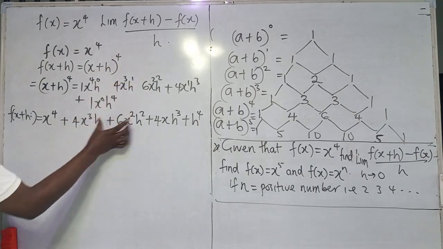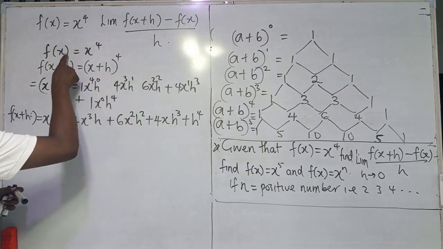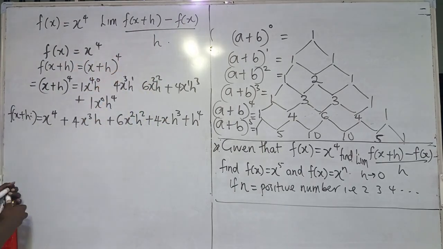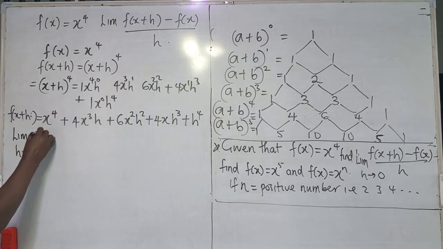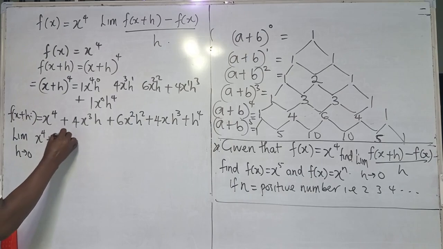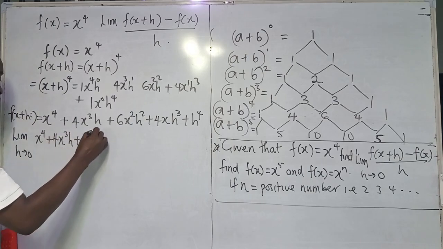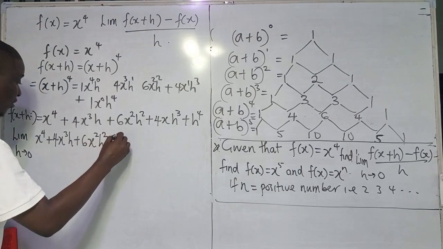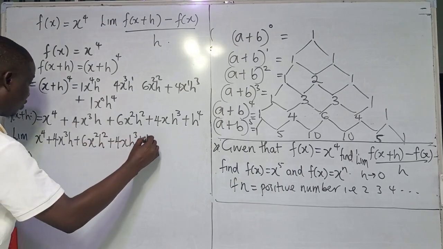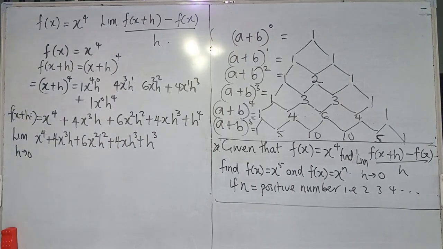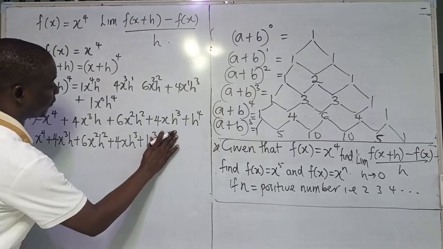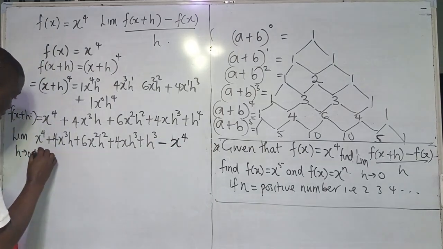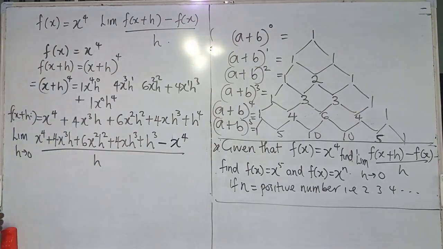Now we substitute all this for this. f of x is already x to the power 4. So if you do that, I would have the limit as h tends to 0 of x^4 plus 4x cubed h plus 6x squared h squared plus 4x h cubed plus h to the power 4, minus f of x which is x to the power 4, all divided by h.